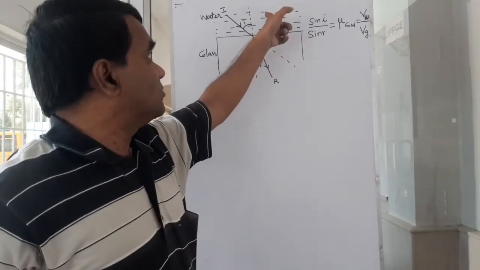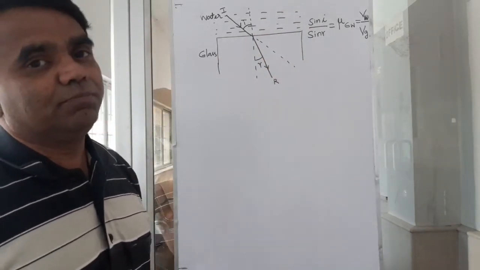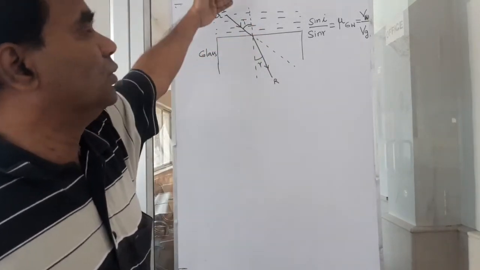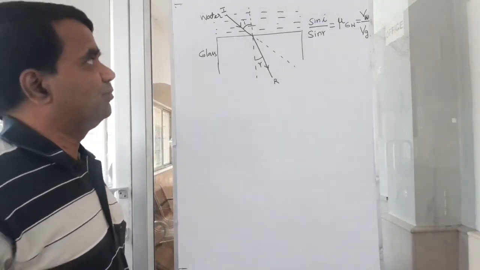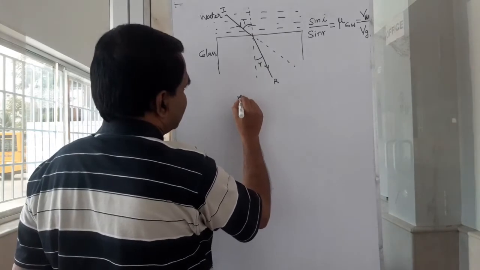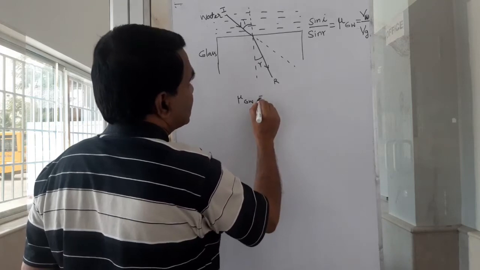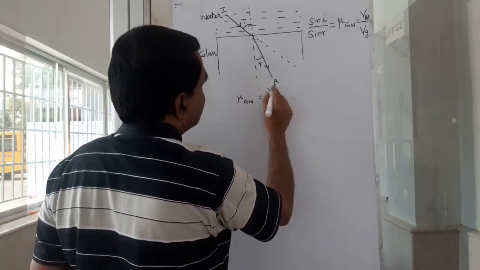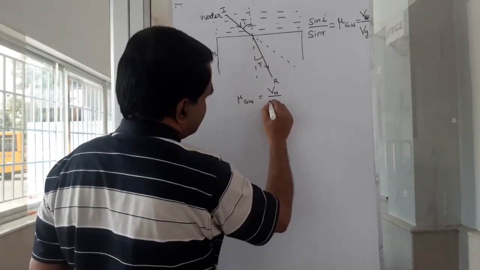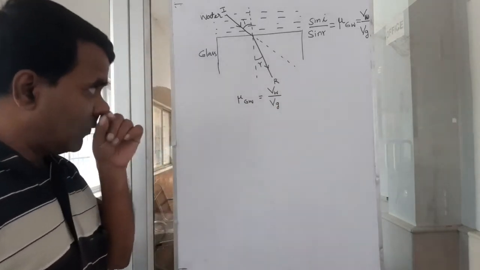So the speed in the first medium divided by the speed in the second medium gives you the refractive index of the second medium with respect to the first medium. So I've got this: the refractive index of glass with respect to water is equal to the speed of light in water divided by the speed of light in glass. Okay.